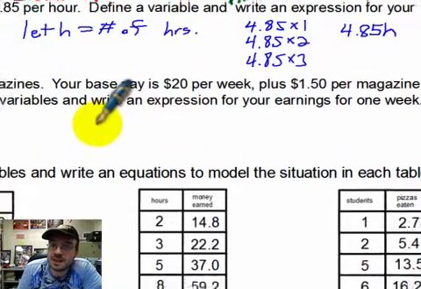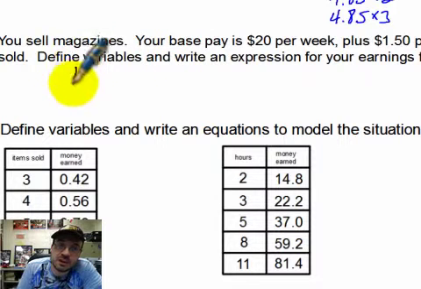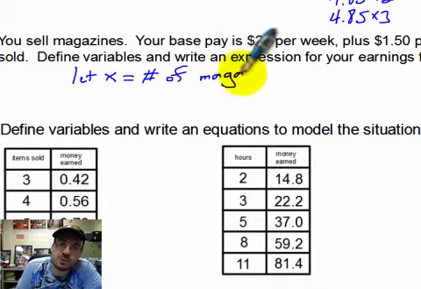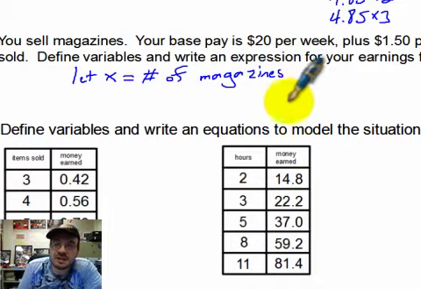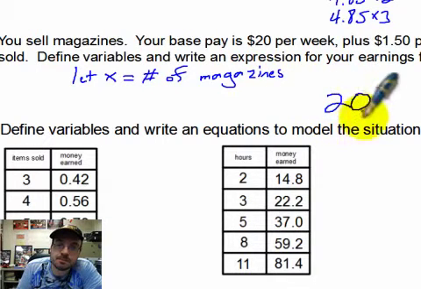So, since my earnings depend on how much I sell, I need a variable to describe how much I sell. So I'll say let X equal the number of magazines I sold. And basically my pay is going to be as follows. I get $20 right off the bat.